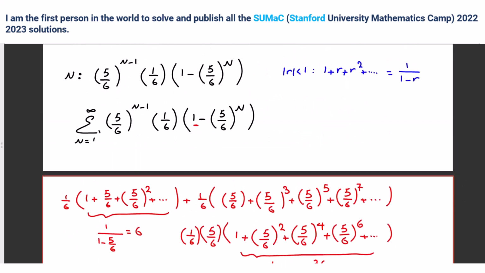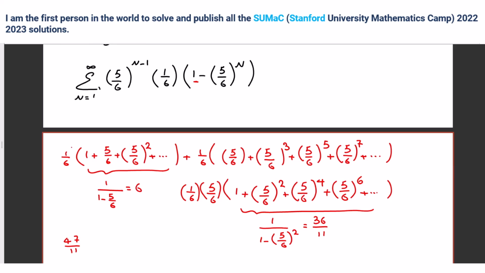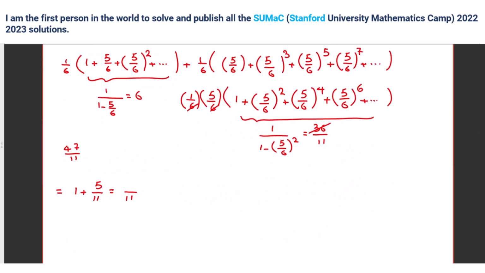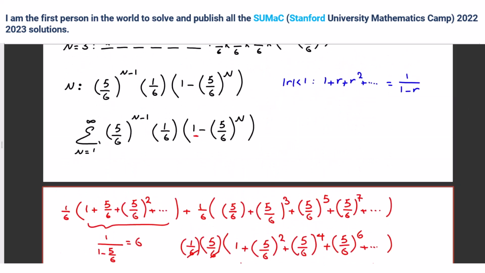So do you agree this part is 1? Yeah, that part is 1. And now do you agree we can cancel these 6 and 6 with 36? Oh yeah. So it will be 1 plus 5/11, right? Yes, 5/11. It will be what over 11 then? 16/11. Exactly. Understand completely how we solve this problem?